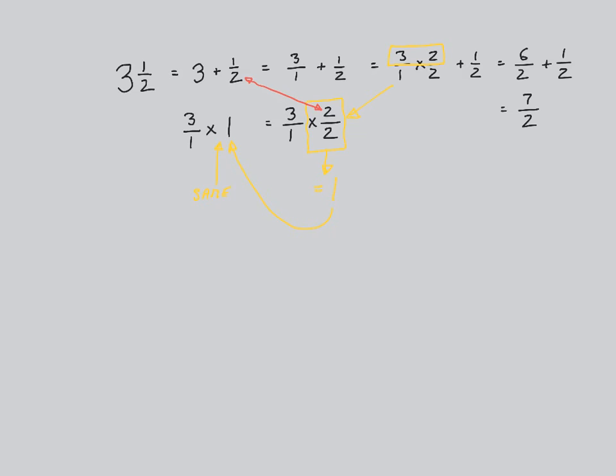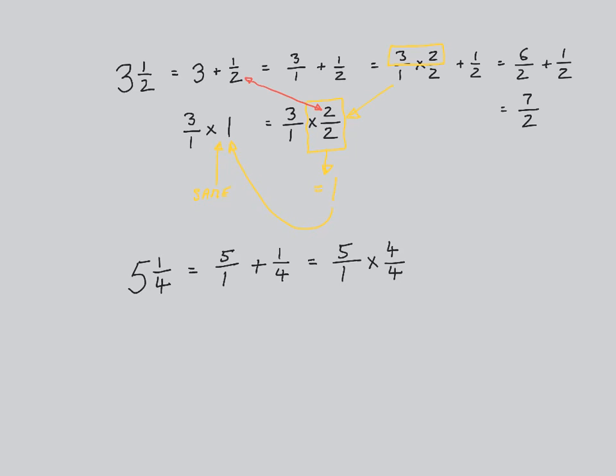Let's do a different one. Suppose we have 5 1/4. This is like 5 over 1 plus 1/4. But this time, not 2 over 2, but 4 over 4 is what we're going to write.